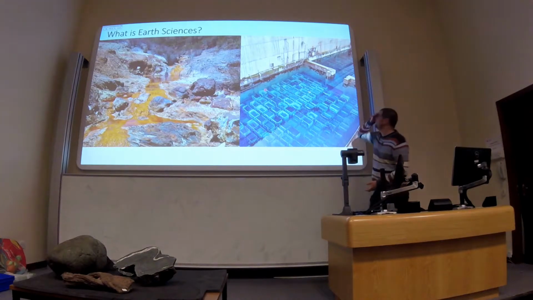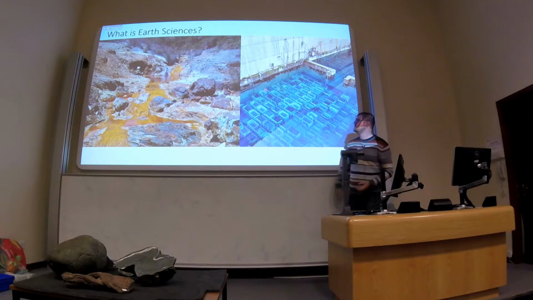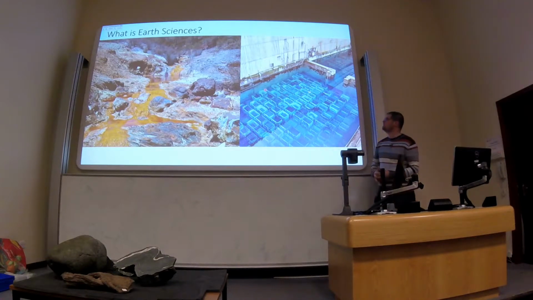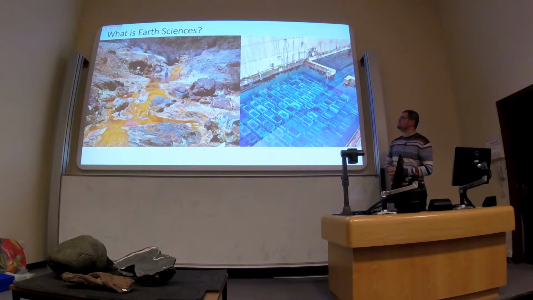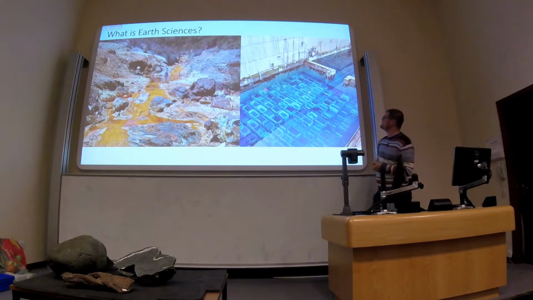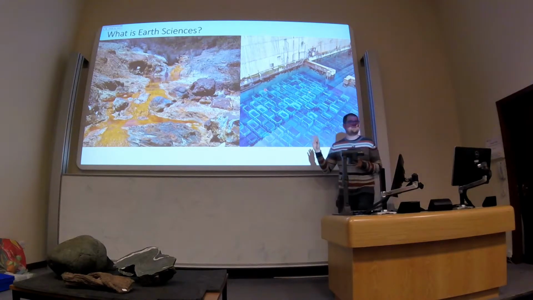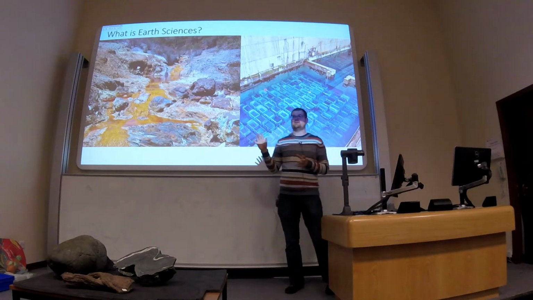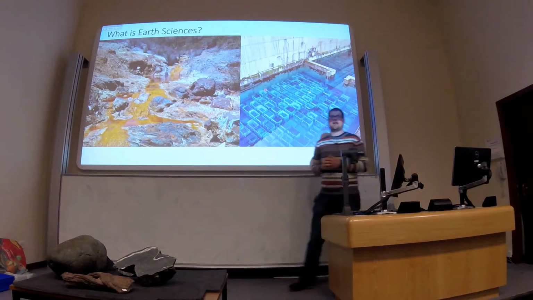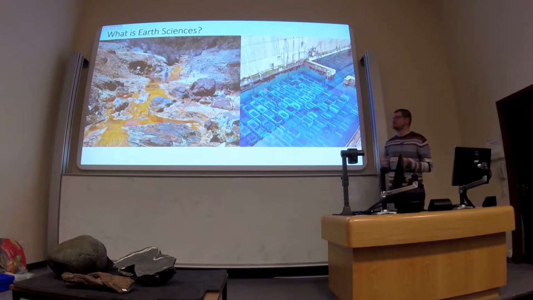This image over here is one of the scariest images that I've ever seen. This is one of the high-level radioactive waste storage sites from Sellafield. Still swimming in it, and there's some kind of mossy stuff growing on the side of it. This is not a terribly safe way of storing radioactive waste at all, for a whole bunch of reasons.